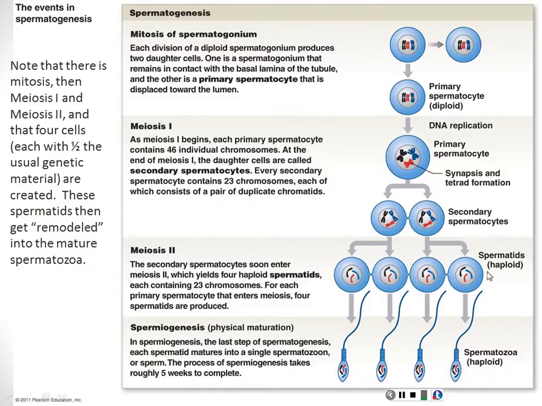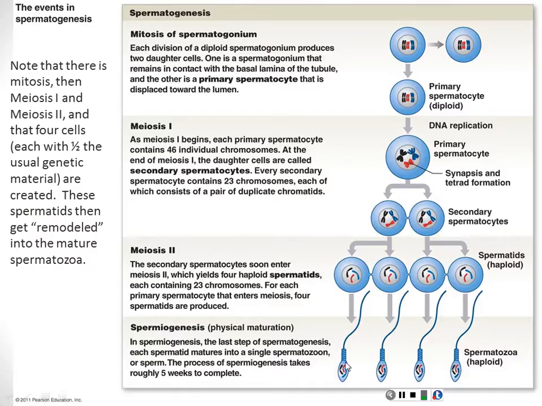When we get to the female, that's not true. In the female, it's all asymmetric. One cell keeps getting all the resources, and its daughter cells get nothing and go on and die. So in spermatogenesis, it's all symmetric. So the secondary spermatocytes become spermatids.